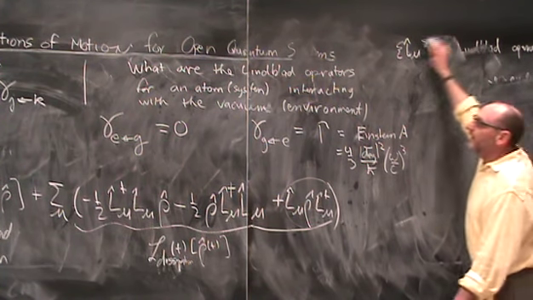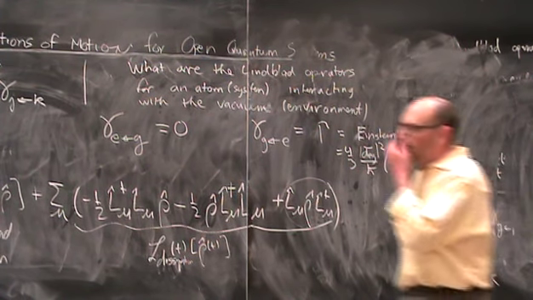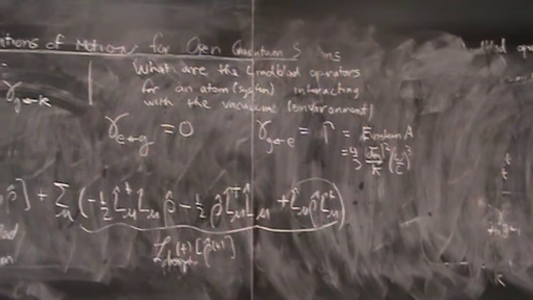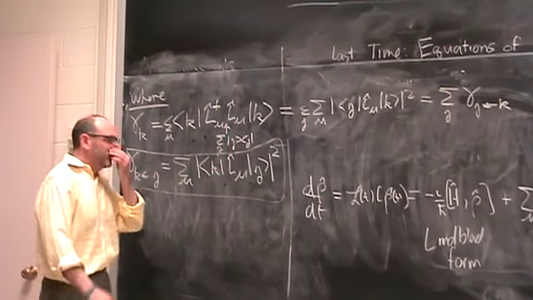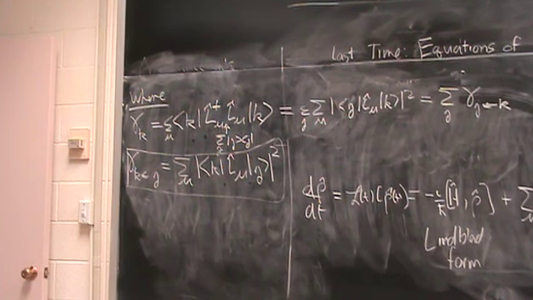So what are the Lindblad operators then? The Lindblad operators have to be such that you take the matrix element between those states and you get those rates. Anyone have a guess? It's got to be the lowering operator, right?